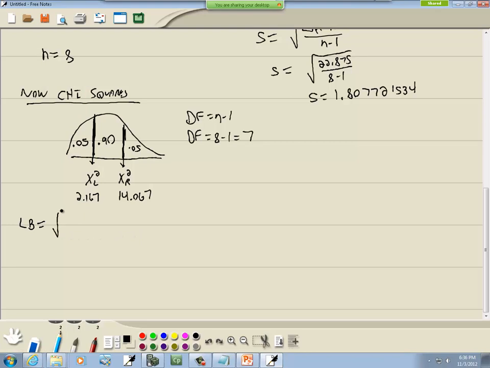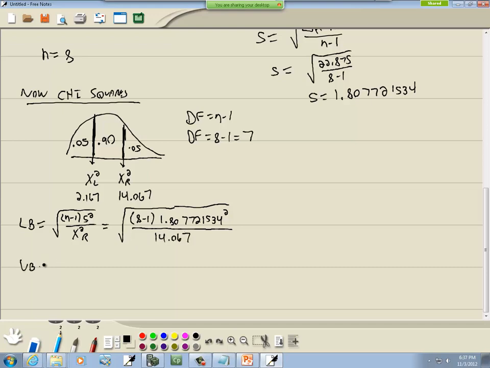So our lower bound is n minus 1 times s squared divided by our right chi-square. N was 8. So we got 8 minus 1 times s squared, 1.807721534 squared, divided by the right chi-square, which is 14.067.